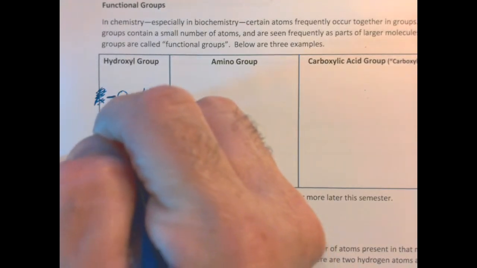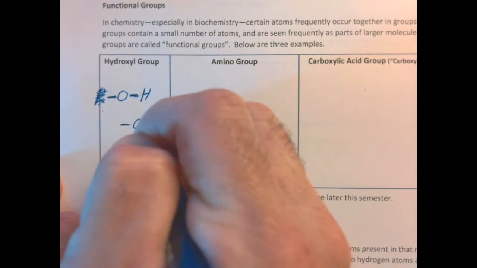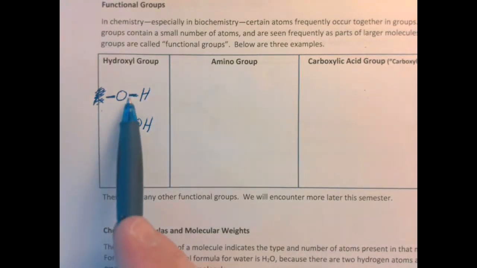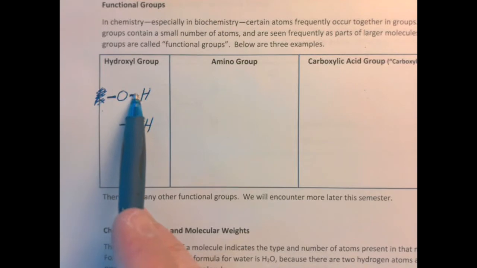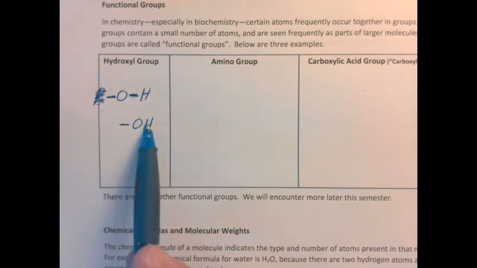Still another way that you may see a hydroxyl group drawn. Hydroxyl groups are so common in biology and in chemistry and in the natural world that it's the one and only time where you can represent a covalent bond without using the straight line. Every other time you want to have a covalent bond appear, you're drawing that straight line there. But over here, everybody knows that there's a covalent bond between that oxygen and that hydrogen.